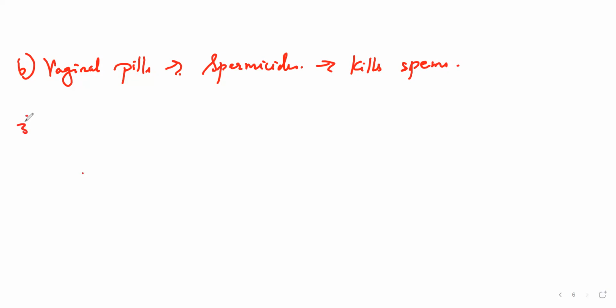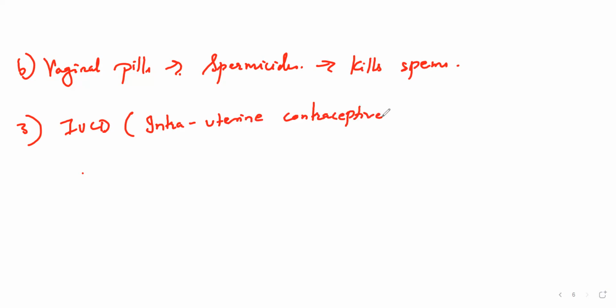Then the third method is IUCD, meaning intrauterine contraceptive device. What is this IUCD? IUCD is a contraceptive which is inserted into the body of the female via the uterus.